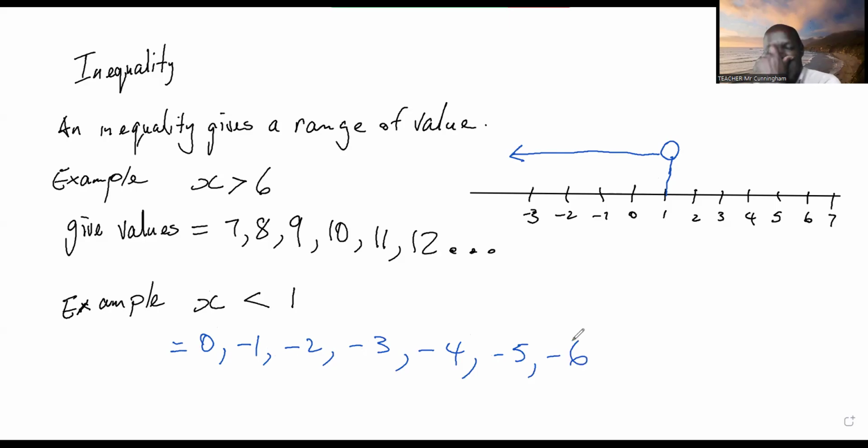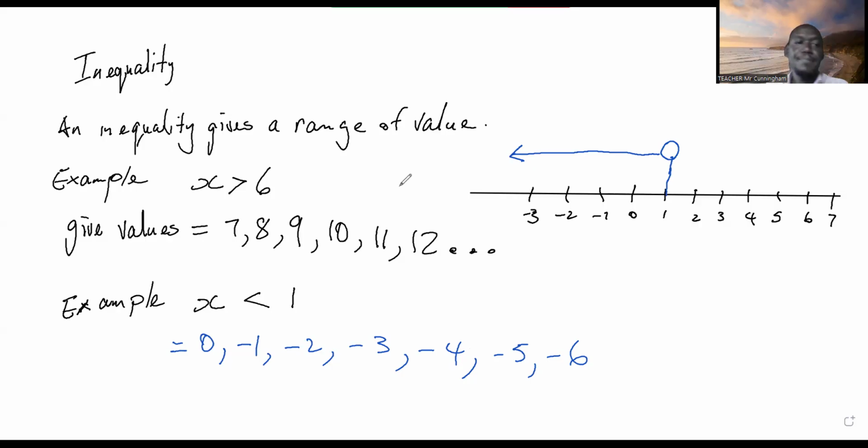You all getting the point? So all these numbers are less than 1. Because I'm not including the 1, that circle there remains open. I'll give you a rule about that next class on Wednesday.